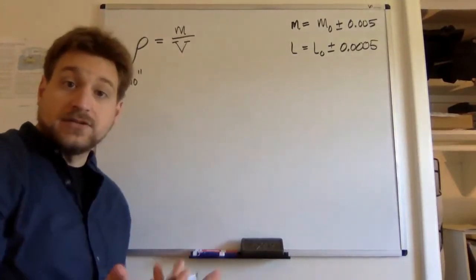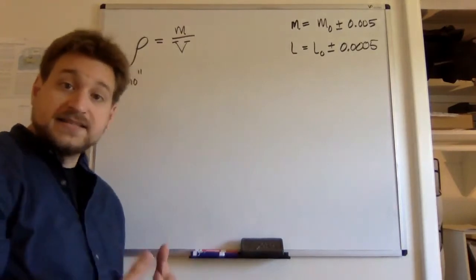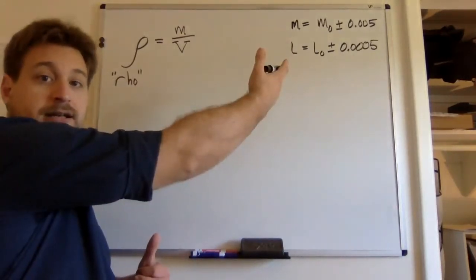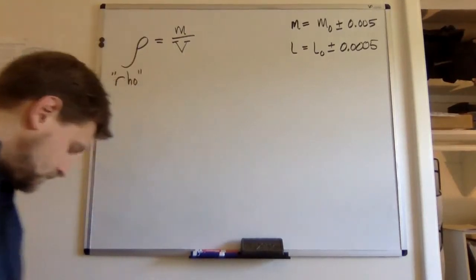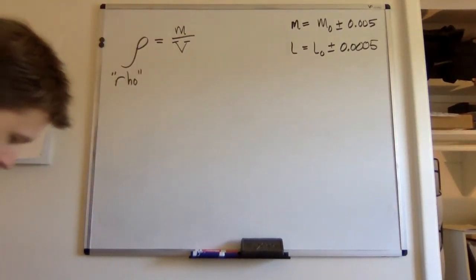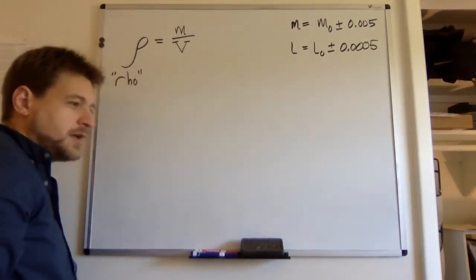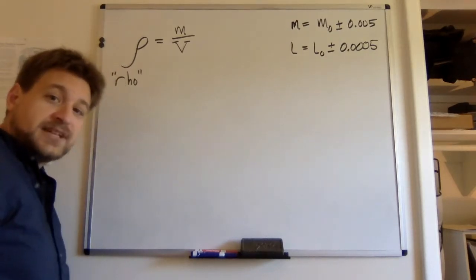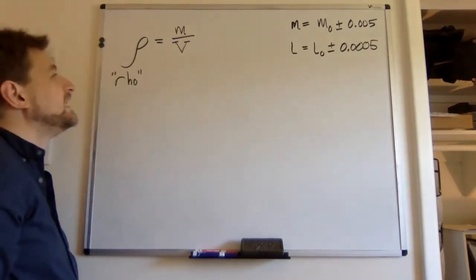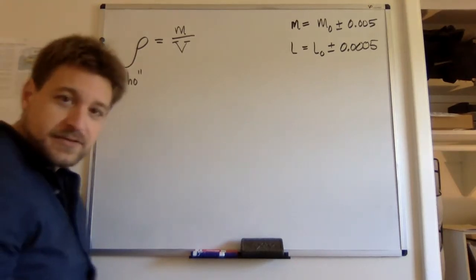What variation do we expect in the calculation of density given the variation in mass and length? We're going to draw on the calculus experience you have from day one, and I'm going to ask you to recall implicit differentiation.